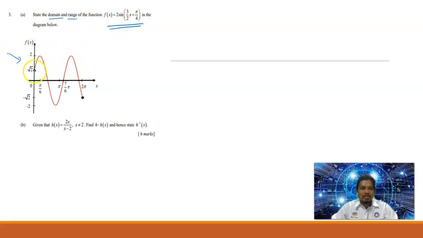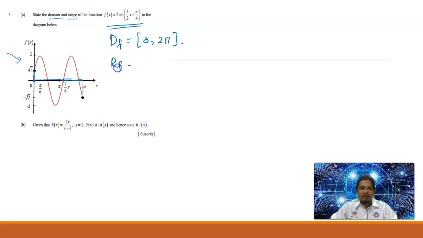According to this, it begins with x starting from 0 here, and then until the last value of x here, which is 2 pi. So the domain of this function is from 0 until 2 pi.